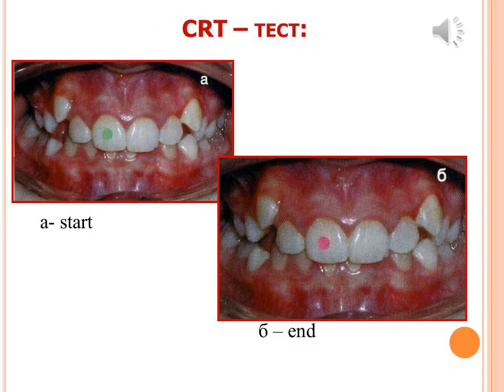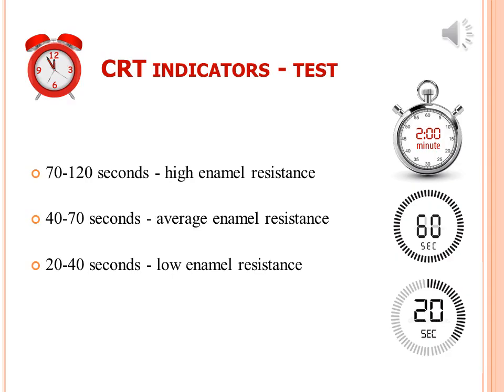On this slide you see a clinical case. The color of the tooth is shown when you start the CRT test, and when you end the CRT test, and the ratio of the CRT test.